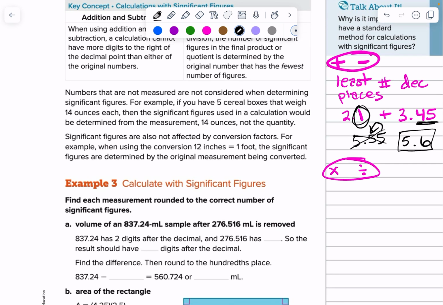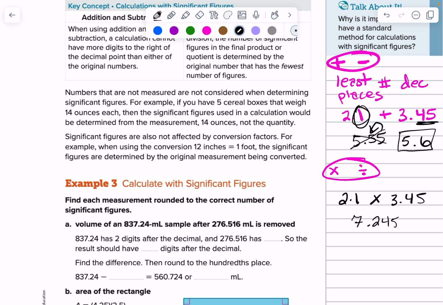When you're multiplying and dividing, you just go off of the number of sig figs. So if I take 2.1 times 3.45, I've got to get my calculator out to do that. It is 7.245.